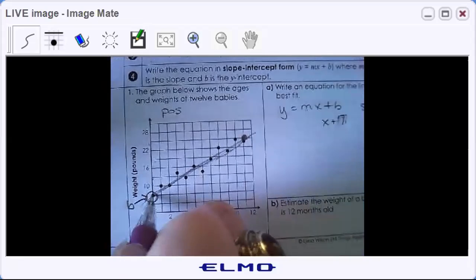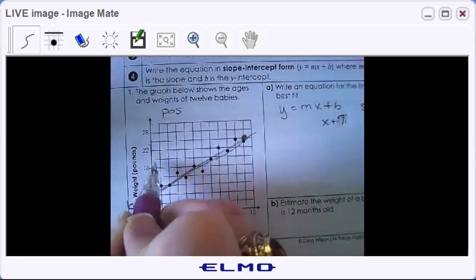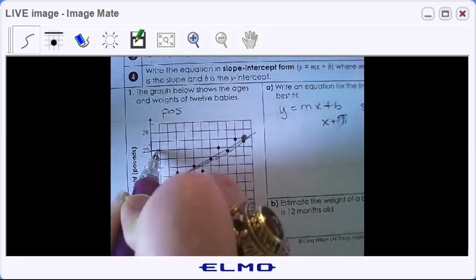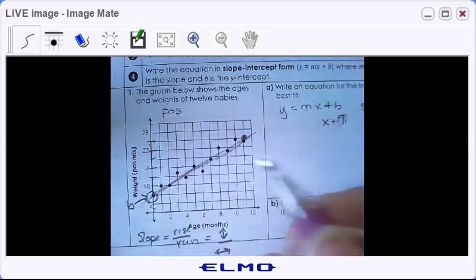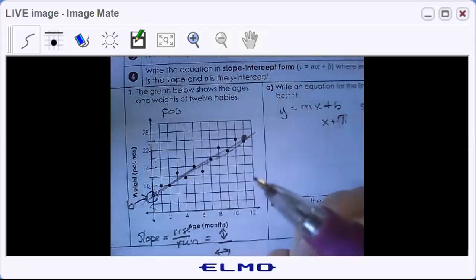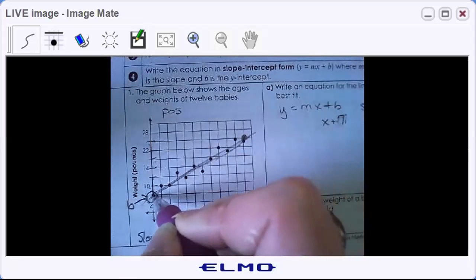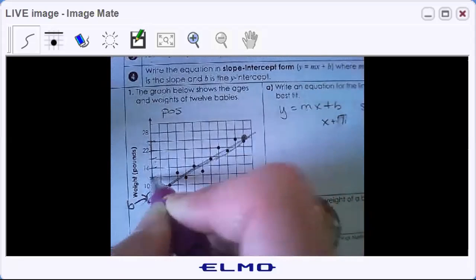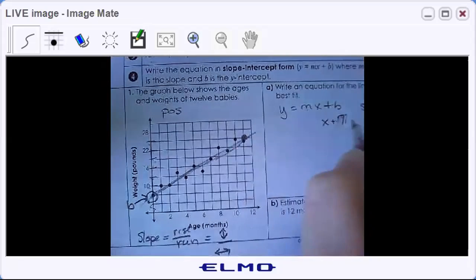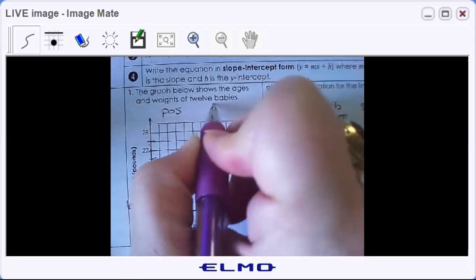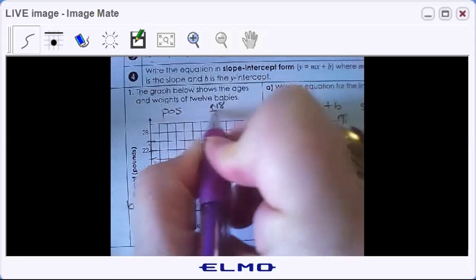So if I start here, I'm going 1, 2, 3, 4, 5, 6 boxes up. But each box represents 3. So if I'm counting by threes, that's 3, 6, 9, 12, 15, 18. So for my slope, I went up 18.